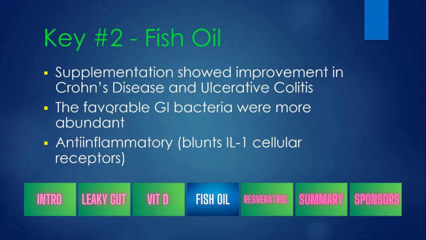So fish oil has been shown to blunt the sensitivity of the cellular receptors to interleukin-1, which means it would have an anti-inflammatory effect. It diminishes the response to interleukin-1, right? Because you have to have the receptor so that the interleukin-1 can bind to it and promote the inflammatory process. And if it's less responsive to interleukin-1, it could lower the inflammatory process.